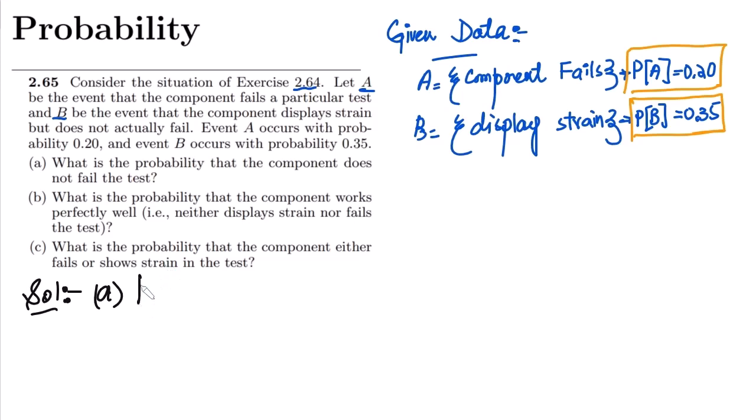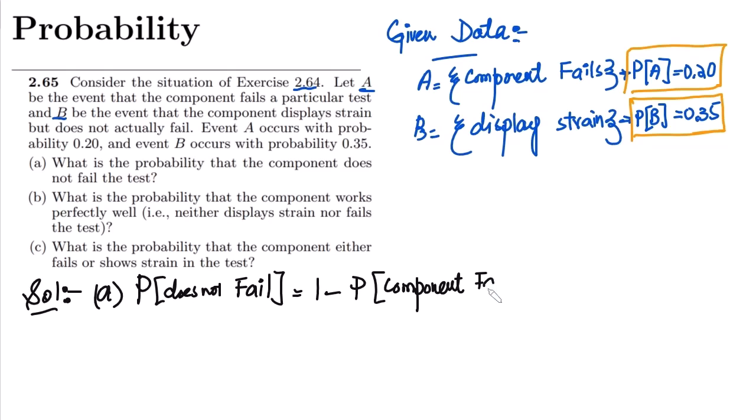And what do I have to do? I have to find the probability that the component does not fail. Okay, so I have to find out the probability, and it can be 1 minus the probability of the event that the component fails.